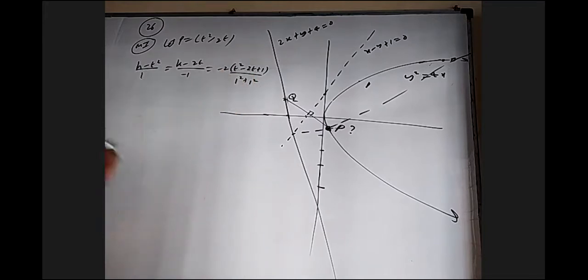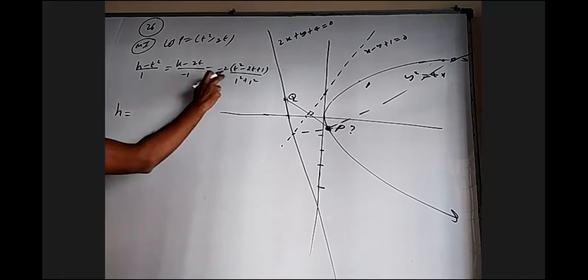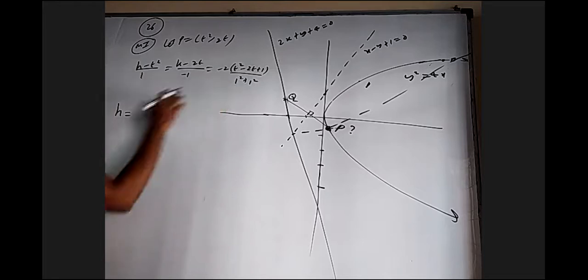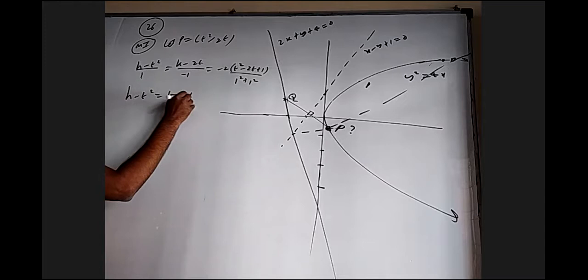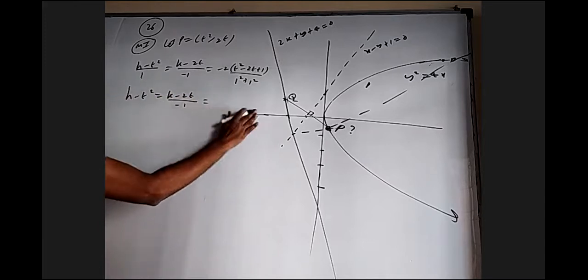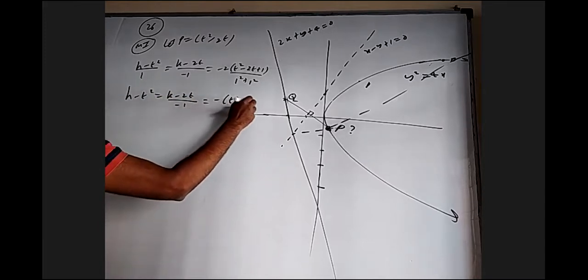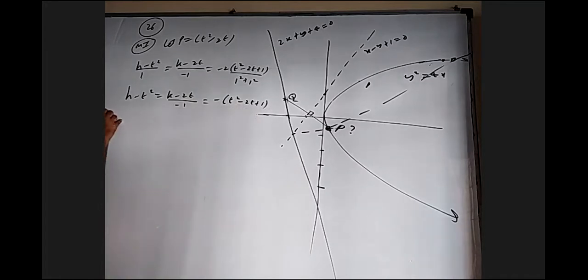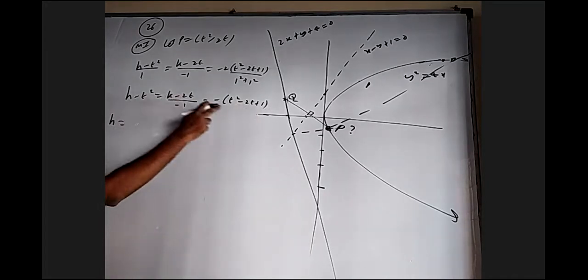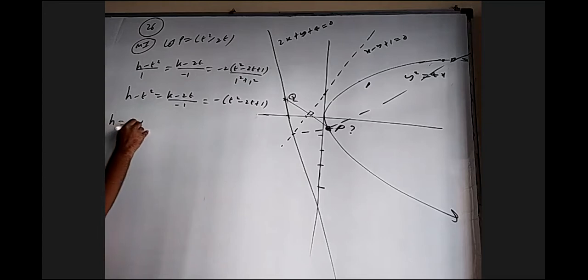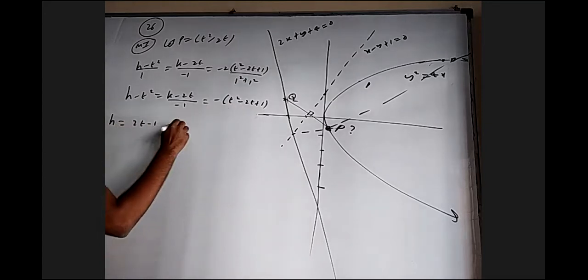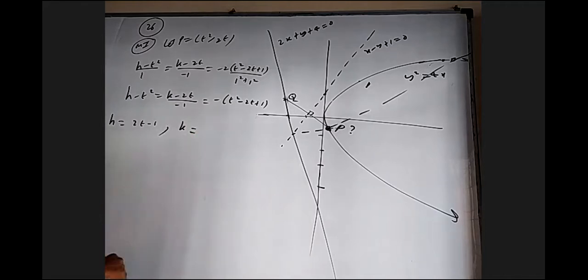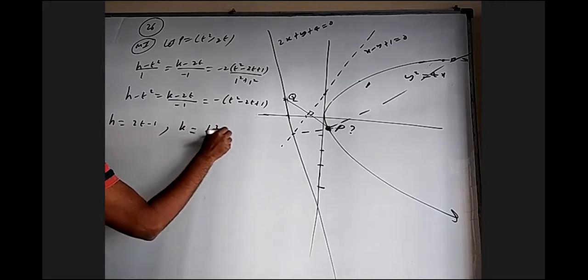So 1 plus 1 will be 2, this 2 will cancel. So h minus t square equal to k minus 2t by minus 1 equal to minus of t square minus 2t plus 1. So h will come from this, minus t square will cancel, 2t minus 1. If I send minus, k will come t square plus 1.